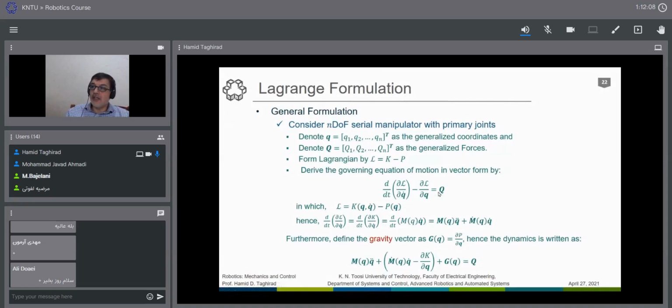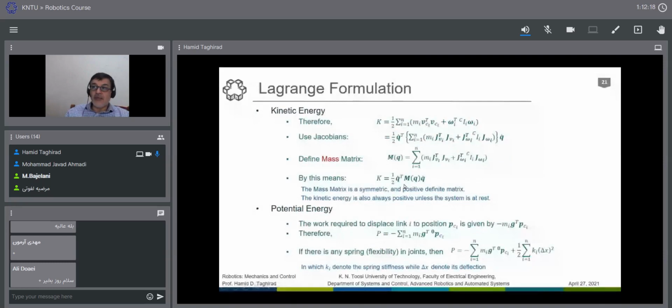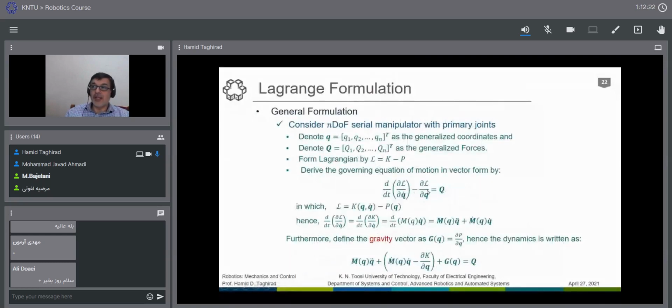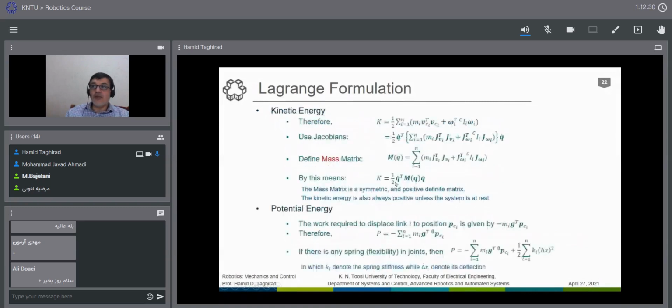As you can see, L is equal to K minus P. So L, K minus P, will give you 1/2 Q dot transpose M Q dot, plus this value.